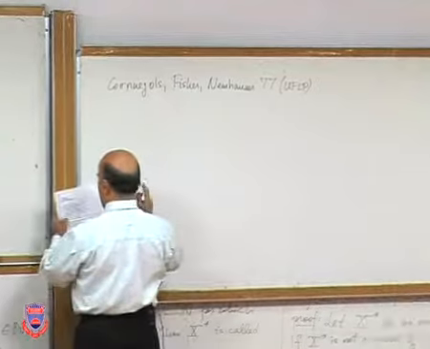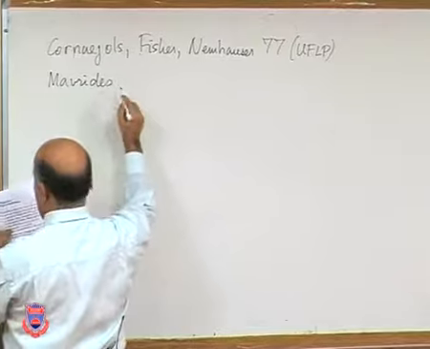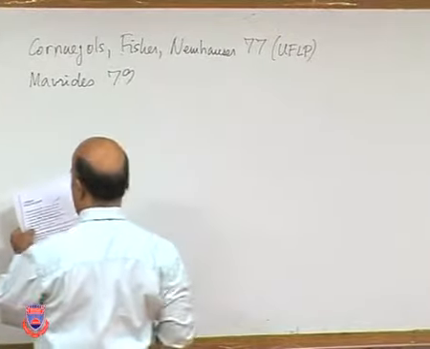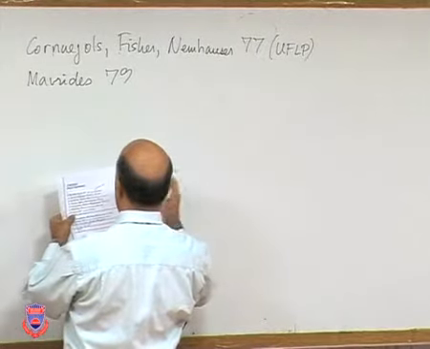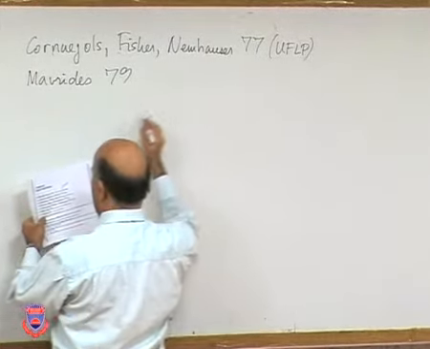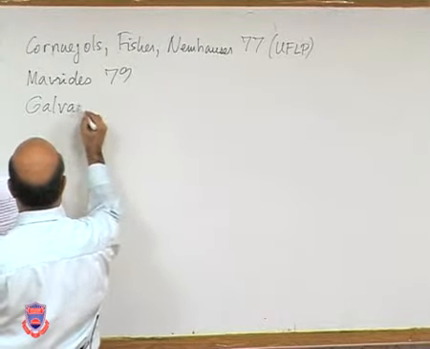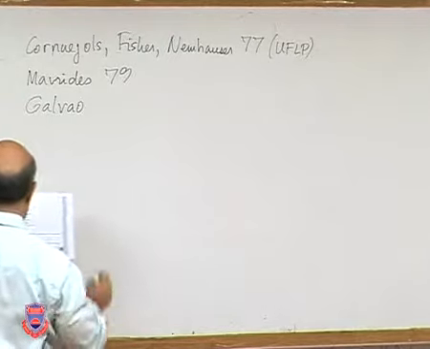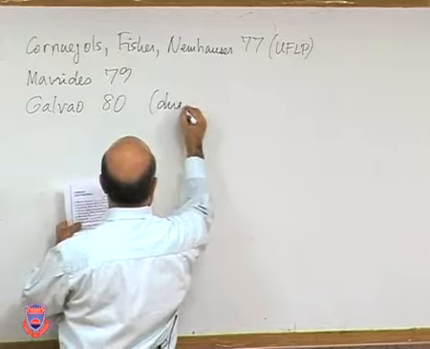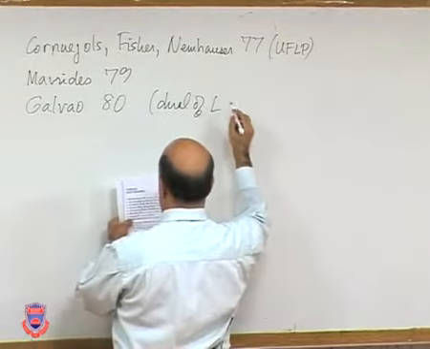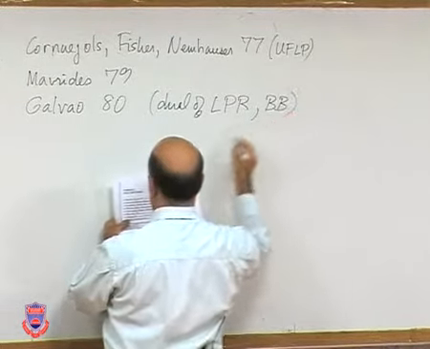And then Mavrides in 79 generalized the p-median and solved it using the uncapacitated facility location plus LP relaxation, Lagrangian relaxation. Then you have Galvao, still another well-known person. He used the dual of the LP relaxation and branch and bound.